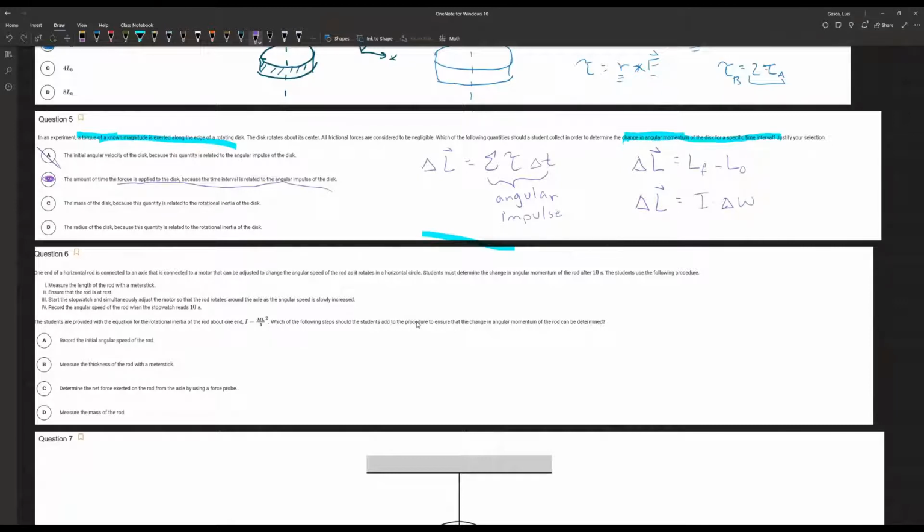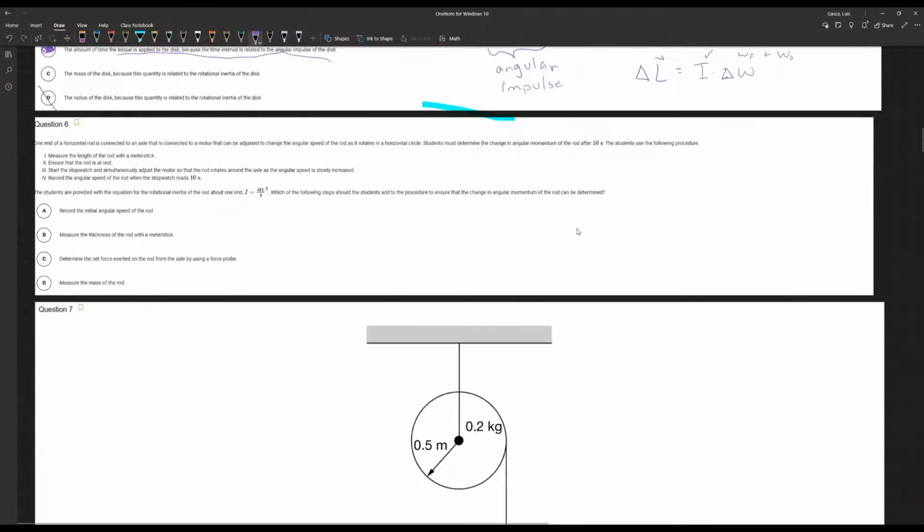So if C was even going to be remotely close to an answer, we would need the rotational inertia of the disk, the final angular velocity and the original angular velocity. So that's like three things that we need to keep track of. Whereas here we already have the torque, and they want us to choose one quantity. And so that's too many quantities. The radius of the disk, nah. Okay, so B is our best answer choice. Let's proceed.